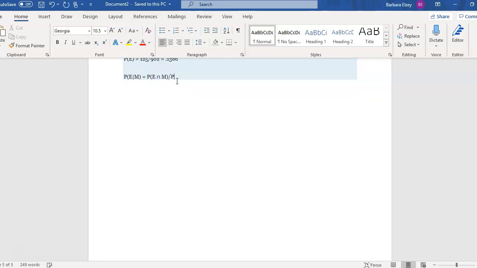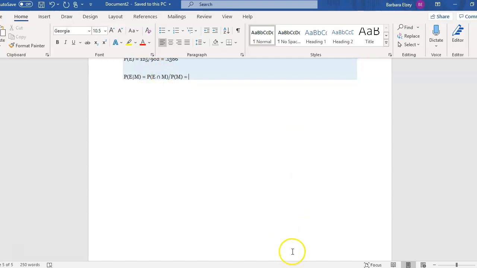And I want you to notice that whatever is second in the notation, whatever comes after the line in this probability of E given M, in this case the M, goes on the bottom. So the probability of M. Okay, so let's figure out the bottom and the top of this fraction. Let's start with the probability that someone got married as a teenager and also was male.